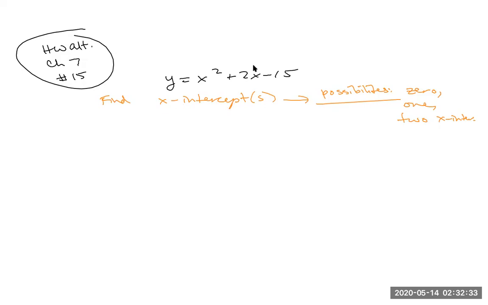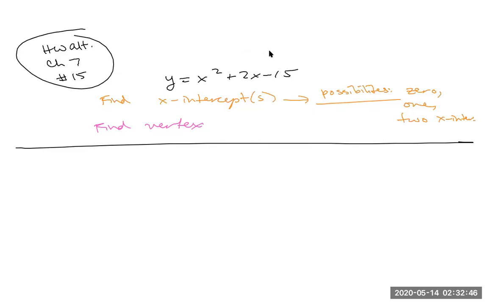Okay, and then we also wanted to find the vertex. So let's start with orange. Actually, let's start with the vertex because we've already been doing this, so it'll give us a little bit of helpful hint into the process.